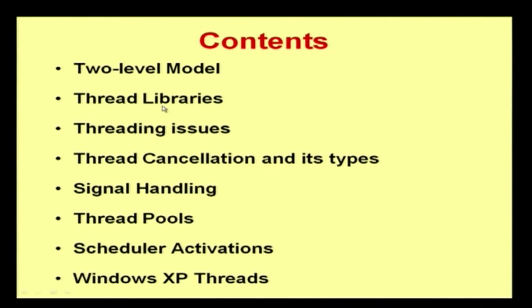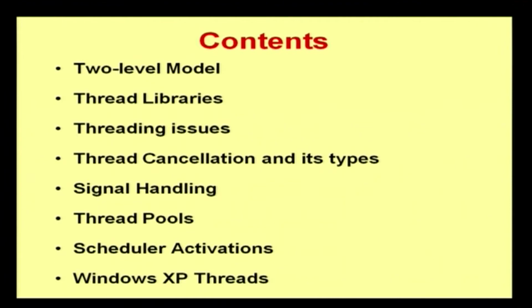Apart from that, in today's contents, we will be seeing topics such as thread libraries, threading issues, thread cancellation and the types of thread cancellation, signal handling, thread pools, scheduler activations, and how threads are used in Windows XP. I will be giving you a practical example.